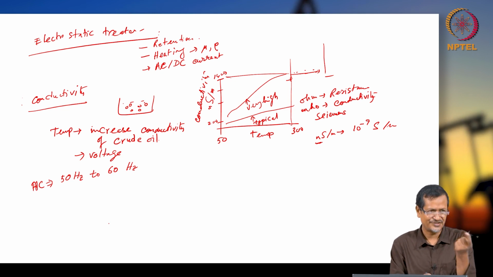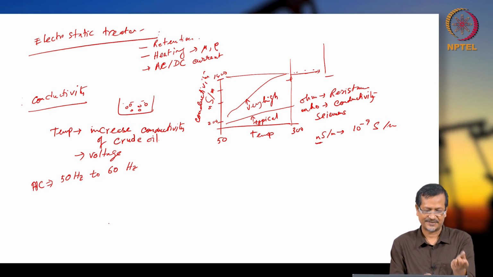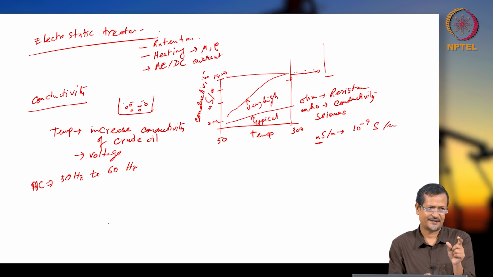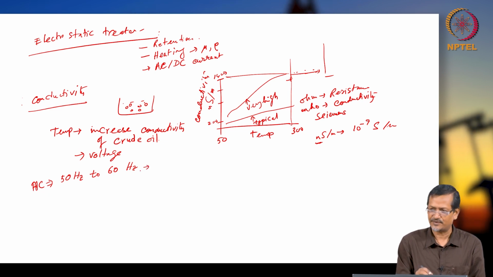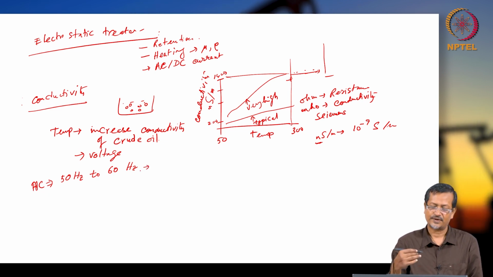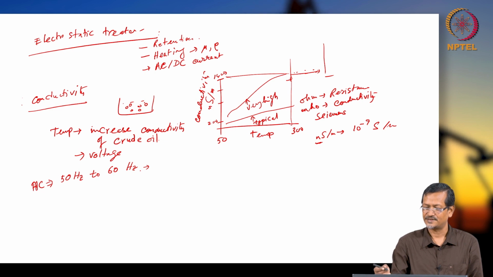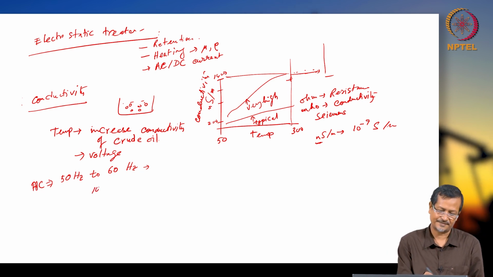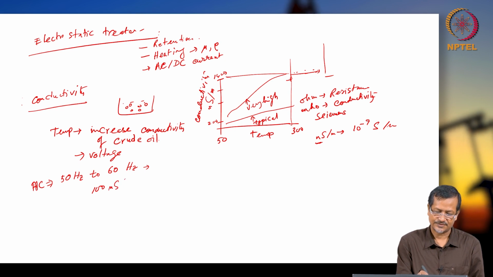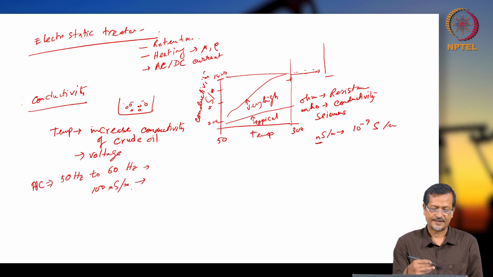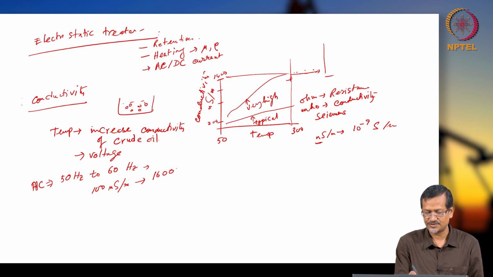AC is changing polarity continuously, so it has positive and negative, and it has frequency. Normally you give 50 to 60 hertz, that's fine. But if your conductivity is increasing to, let's say, 100 nS per meter, in that case your frequency may have to increase to 1600 hertz.